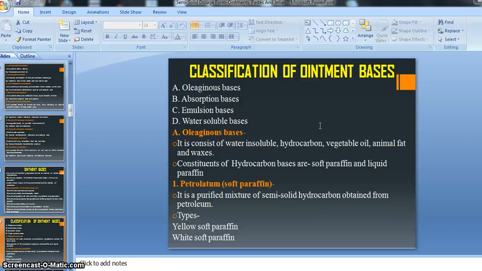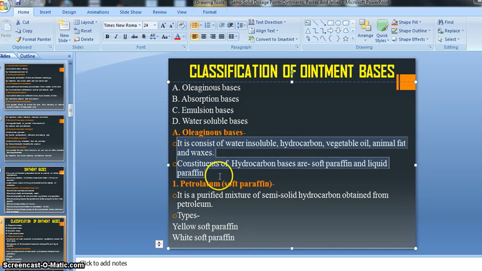The oleogenous base is also categorized into different subcategories. Simply, it consists of hydrocarbons, vegetable oil, animal fat or waxes, and the constituents of the hydrocarbon bases are soft paraffin and liquid paraffin. This portion we have already done. One example of our oleogenous base is petrolatum, that is soft paraffin.